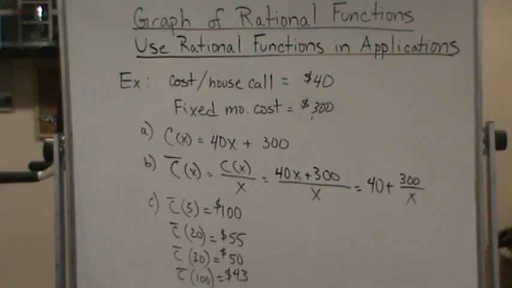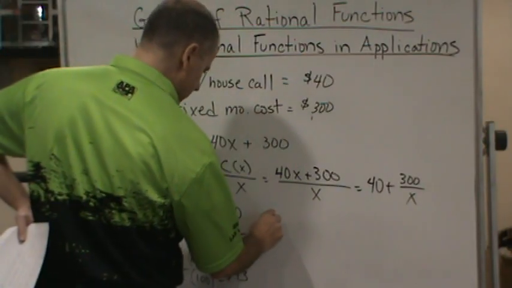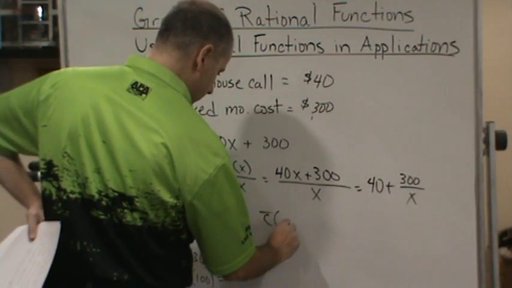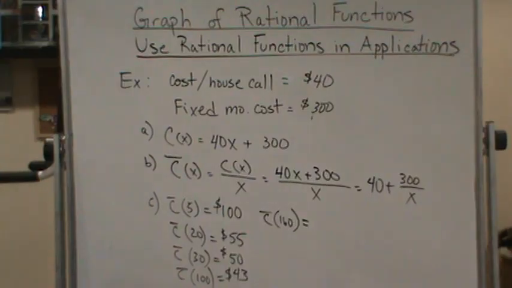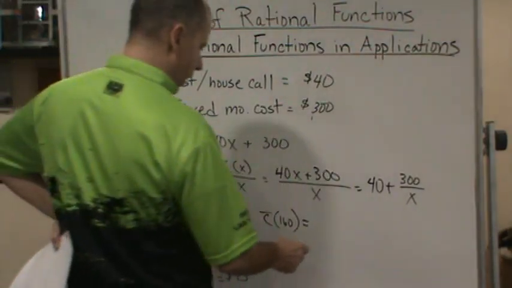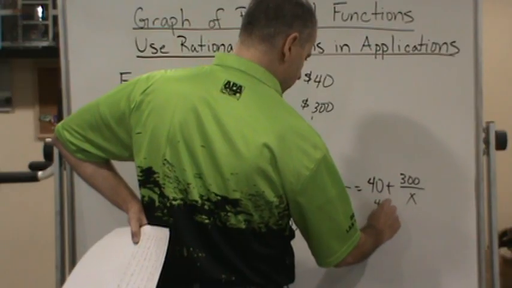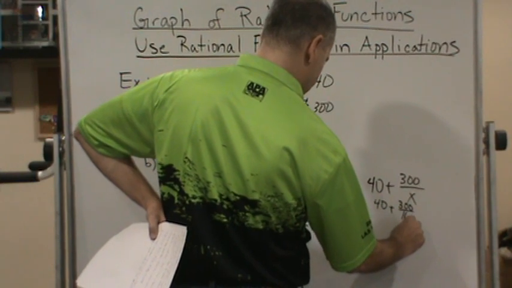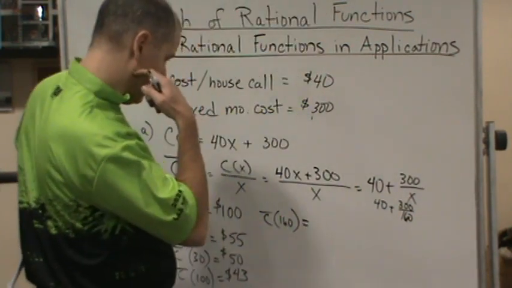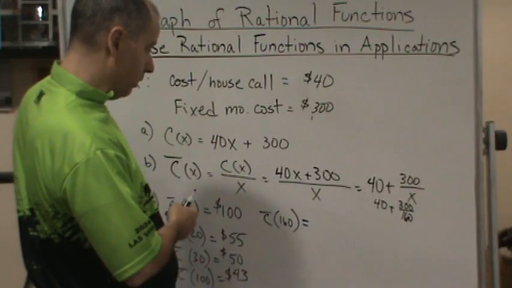Now, let's say the maximum for this company is 160 calls per month. Okay? So if the maximum is 160, which means the minimum cost so far would be 40 plus 300 divided by 160. So 30 divided by 16.